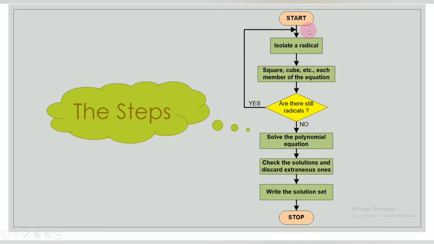After isolating the radical, you get rid of the radicals by squaring or cubing, depending on the degree, the root index. After you square it to get rid of radicals, you need to evaluate your equation: is there any radical left?